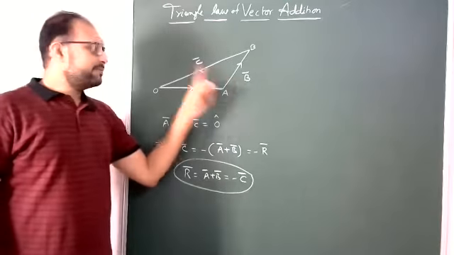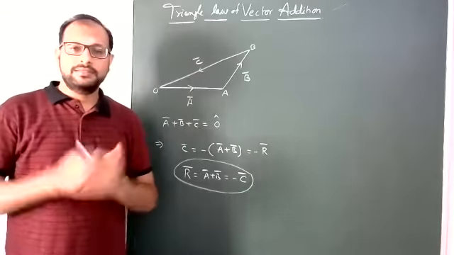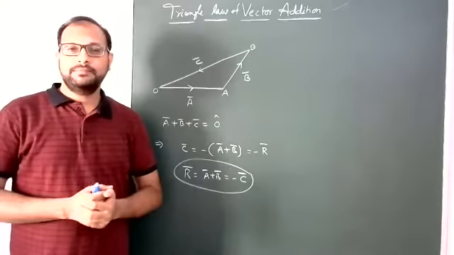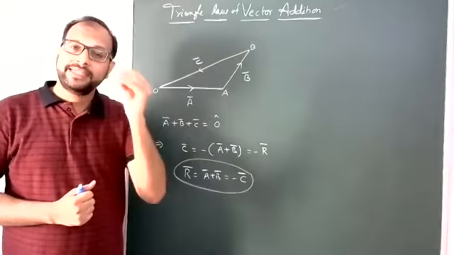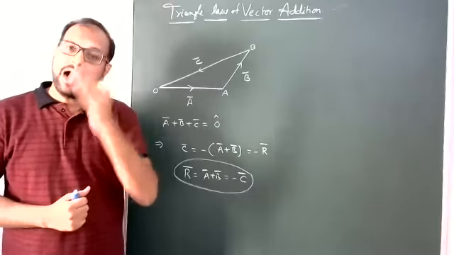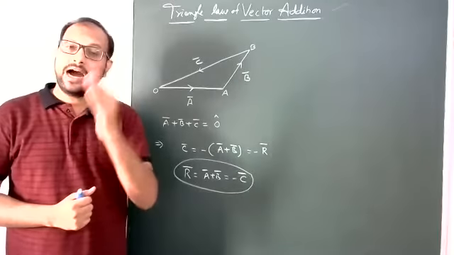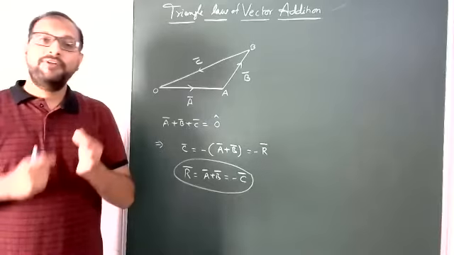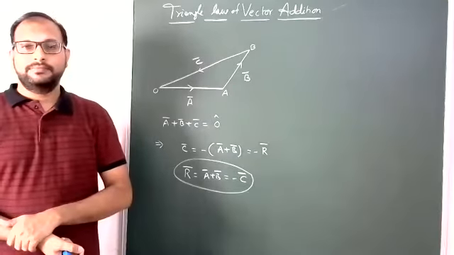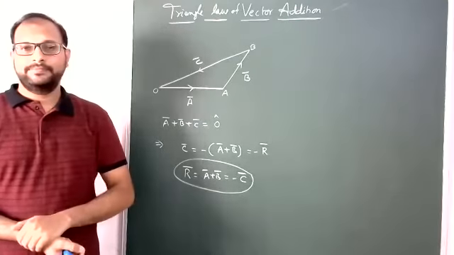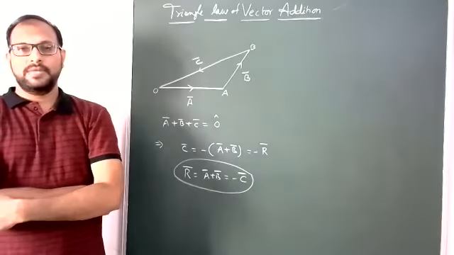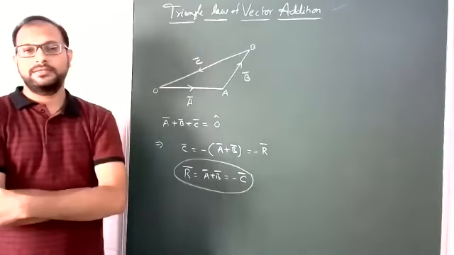If three different vectors A bar, B bar, C bar represent three sides of a triangle taken in order, the negative of the last vector represents the addition of the first two vectors.